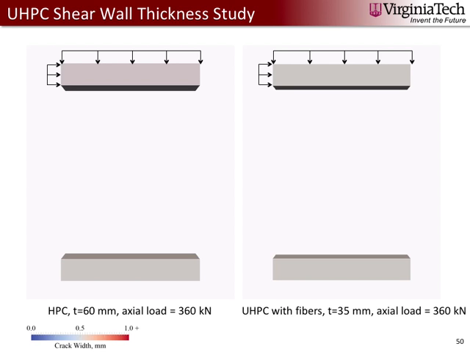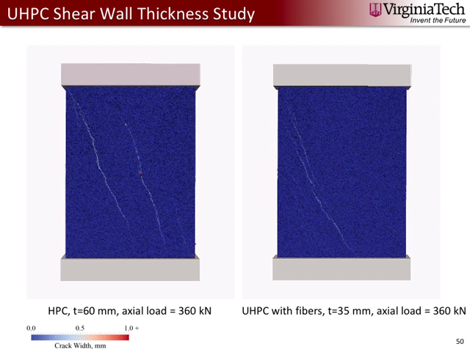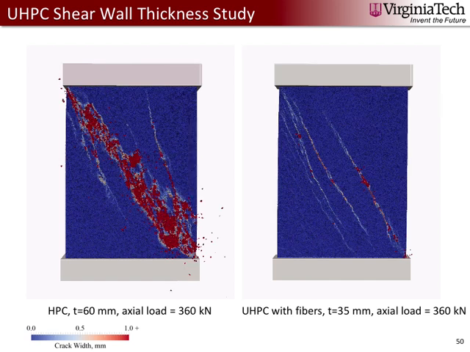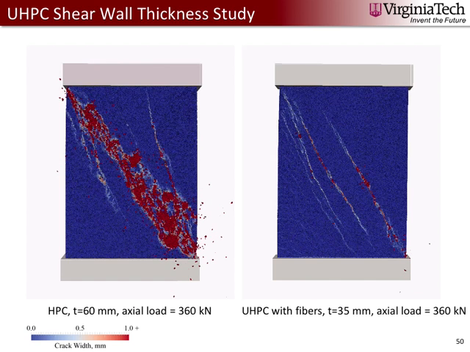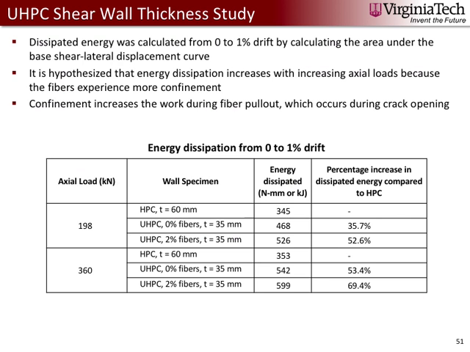So I'd like to show the crack propagation during the simulation so you can get an idea of how that occurs. On the left we have an HPC section, on the right UHPC with fibers at equal axial loads. So as I've shown before, we've calculated the energy dissipation as the test goes on for all these sections.